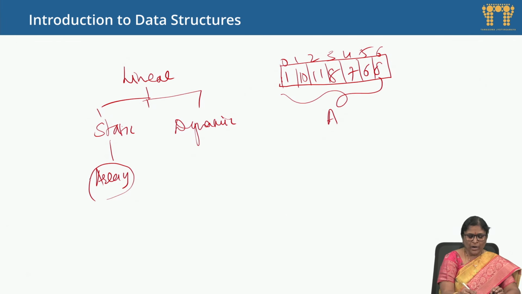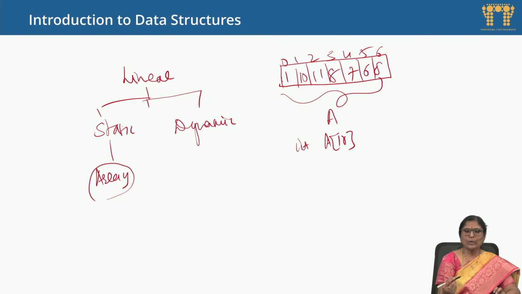Why are we calling an array a static data structure? Once the memory is allocated, if you say A of 10, the memory is allocated at compile time. You cannot either increase or decrease the size of the array once it is allocated.